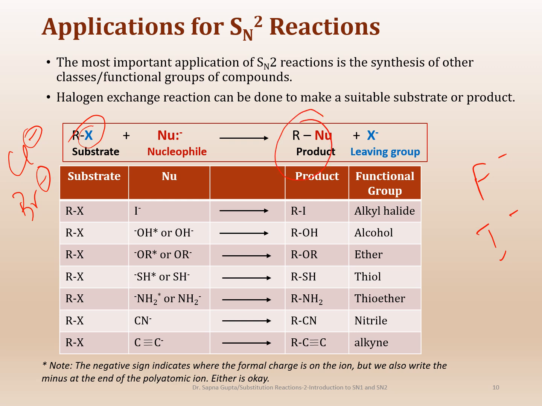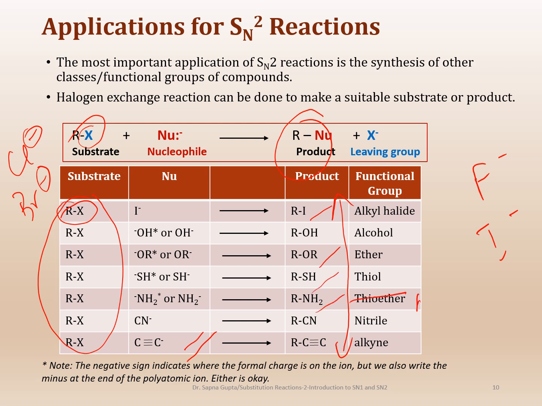Okay, so the main thing I want to show you here, with all of these reactions, is you can take any substrate, you can take any kind of a nucleophile, and then see how many different kinds of functional groups you can make. So you can make an alkyl halide, a different kind if you want from what you had, or this may not be a halide. As I said, leaving groups don't have to be halides. So you make an alkyl halide, an alcohol, an ether, a thiol, an amine.